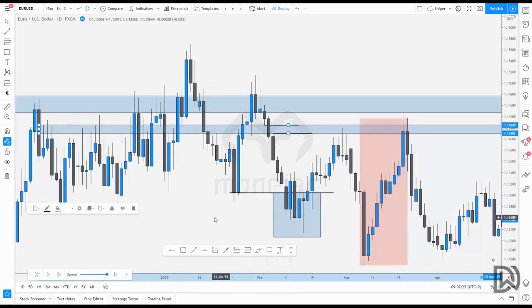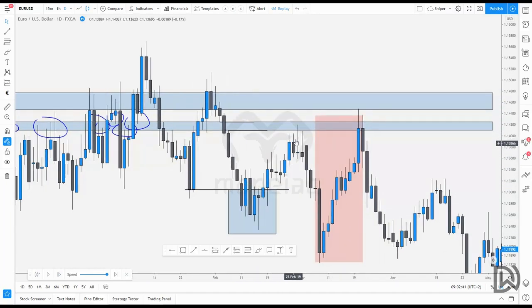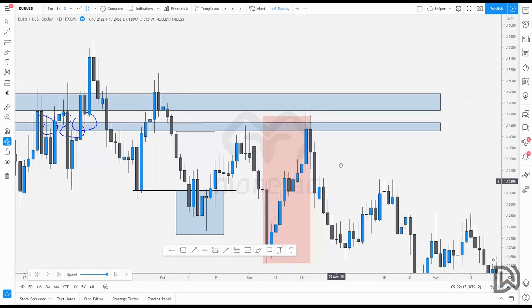As you can see, we have wicks from the bottom, top, bottom, top, bottom, top. A perfect wick zone overlaying with an imbalance level, and that is where price is drawn to. We come back into this level, respect it, push to the downside, into this level, respect it, and push to the downside.